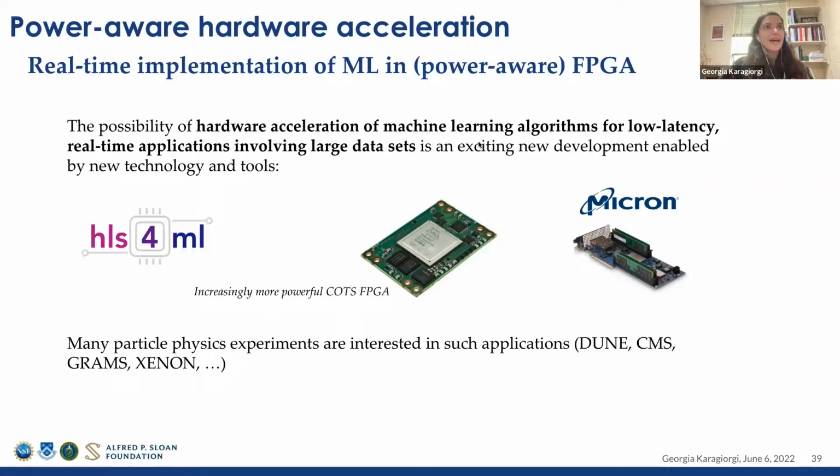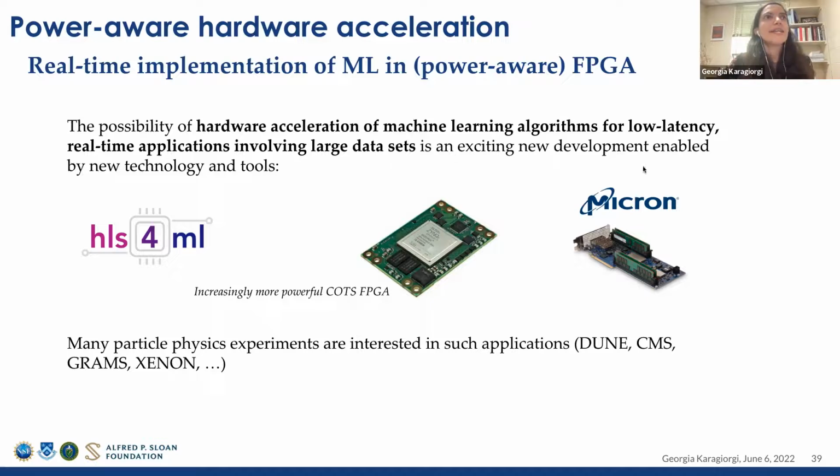On the other hand, advancements in machine learning and AI, and new tools and new technology, provide an exciting possibility of hardware acceleration of machine learning algorithms, particularly for low latency real-time applications that do involve large data sets.